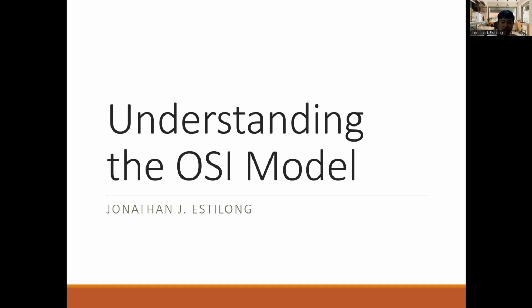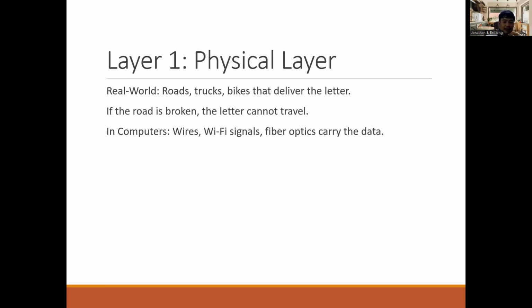So each layer of the OSI model is like one step in sending the letter until it reaches your friend. The first layer, layer one, is the physical layer. This is the layer where data travels physically from one place to another.